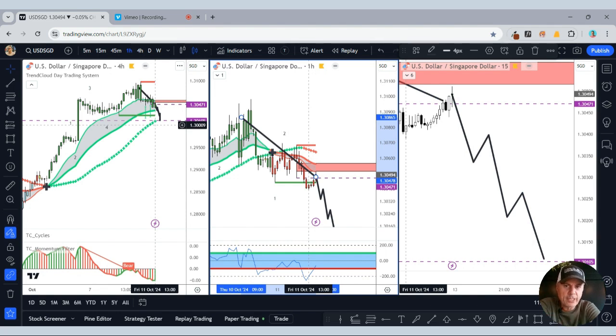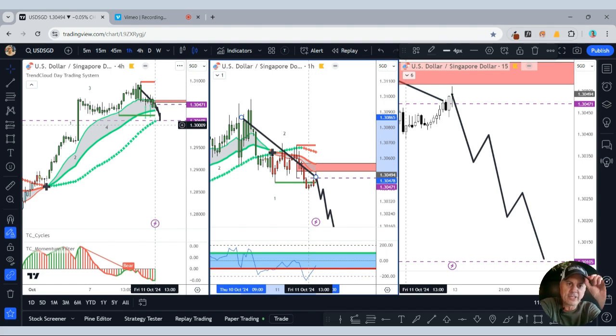So you take one concept on the low time frame, and then you associate that concept to the middle time frame, and then see where that lines up on the high time frame. I know that sounds complicated right now, but if you practice in the simulator and you practice on one time frame and you understand impulse correction inside of TrendCloud, then you'll start to be able to relate that to the next time frame and the next time frame.